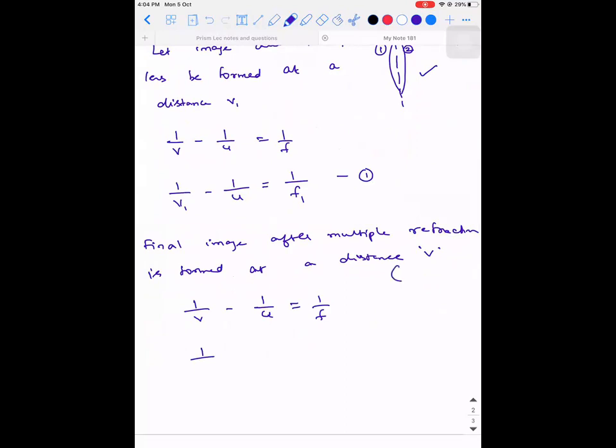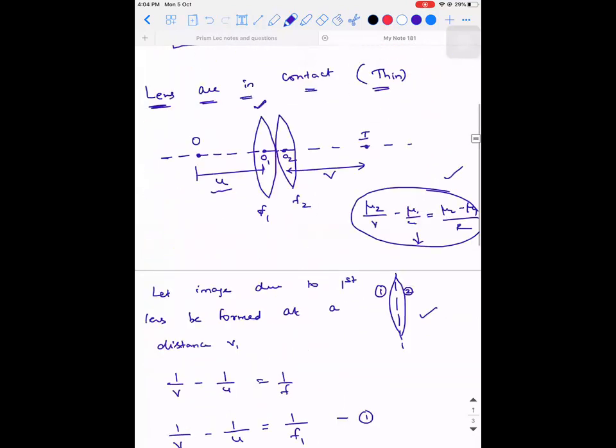This is happening due to the second lens. So where will the final image be formed due to the second lens? Look at the diagram, you'll get the answer.